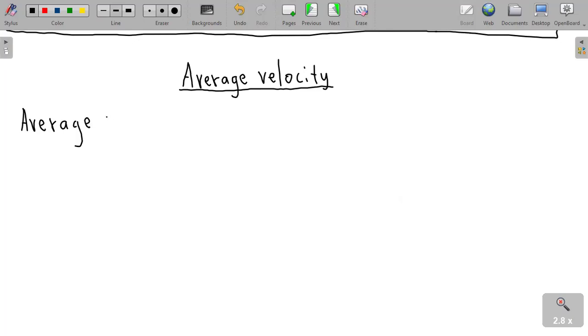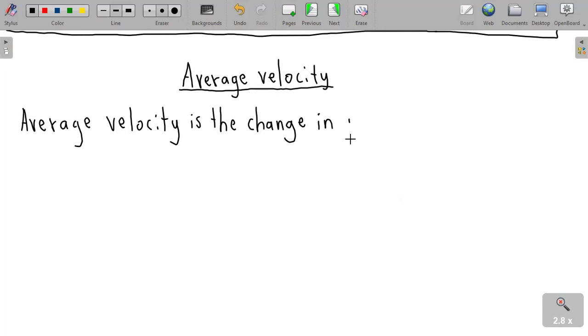Average velocity is the change in position. Again, you see the difference here.